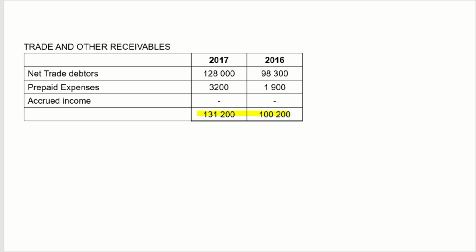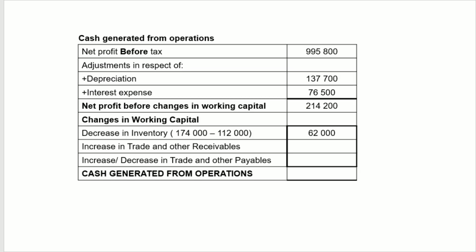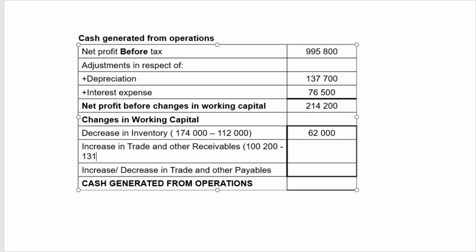Okay, so we're gonna say balance at the beginning 100,200 minus 131,200. So in our brackets, remember I said to always make use of brackets. Okay, so we're gonna say 100,200 minus 131,200 rands.